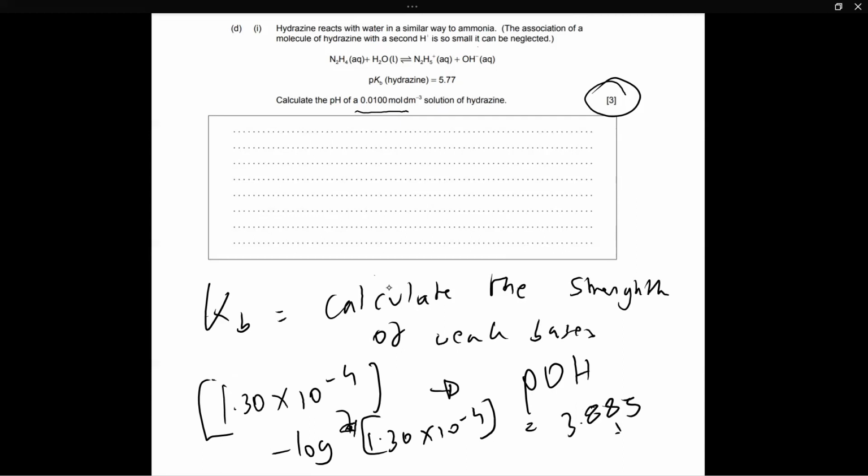So 3.885 is the POH of this solution of hydrazine. And as you can see, it is quite low. And like I said, low POH value means more basic. And you can see that hydrazine also is a basic substance. So hopefully that makes sense to you.